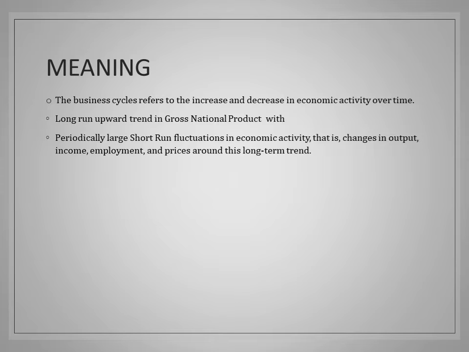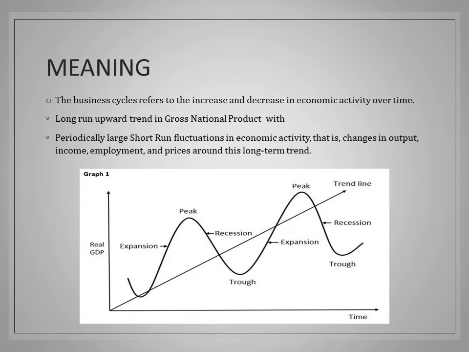So, we can say the long run upward trend in the gross national product is happening in the business cycle, as you can see in the picture, with short term fluctuations in economic activity. The economy will be seeing growth, which you can see by the vertical line over here.